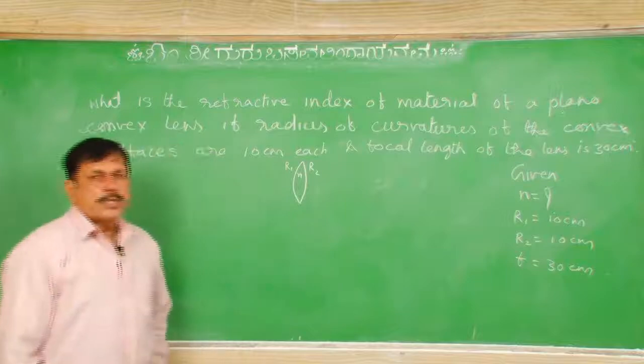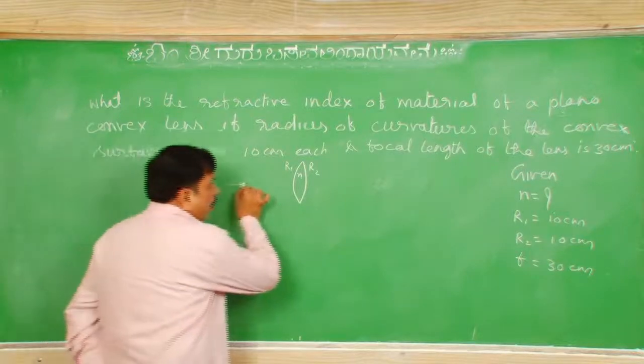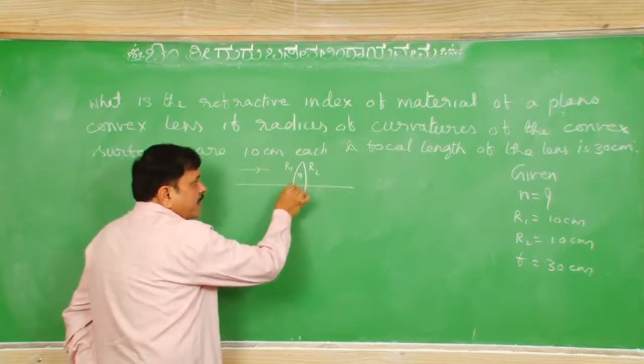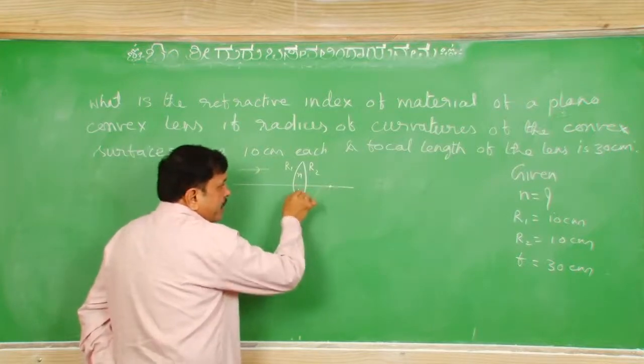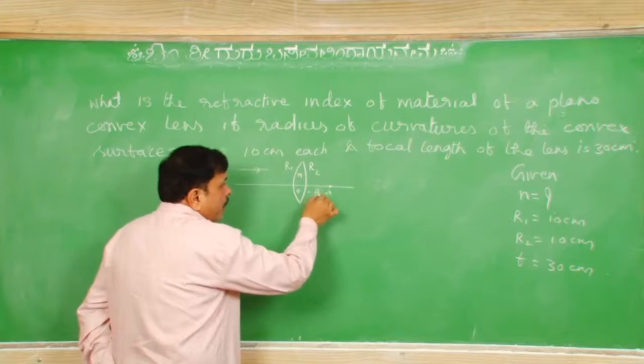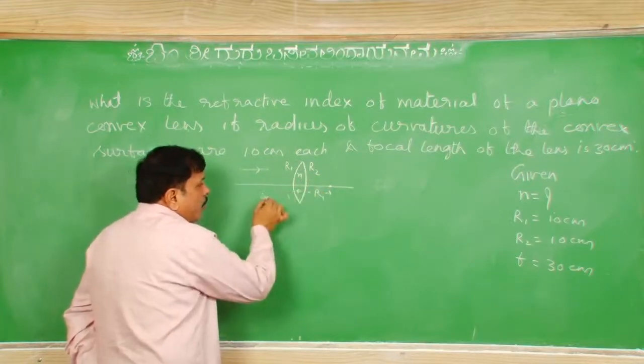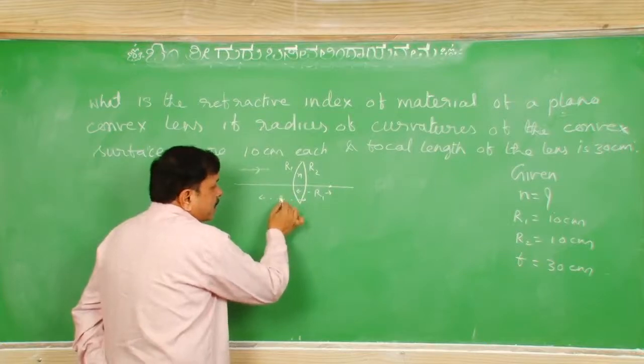Now we have to use the sign convention. Suppose a ray is incident like this. For this surface, radius will be on that side, that is R1 will be this side. For this face, R2 will be this side.